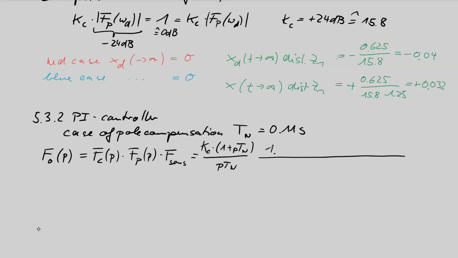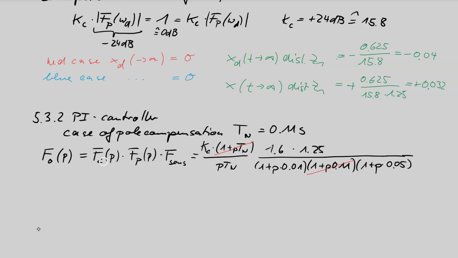So here we have a 1.6, and we have the sensor gain 1.25, followed by 1 plus p times 0.01, 1 plus p times 0.11, 1 plus p times 0.05. And you see pole compensation: note, pole compensation eliminates with the 0 of the controller one pole of the process.